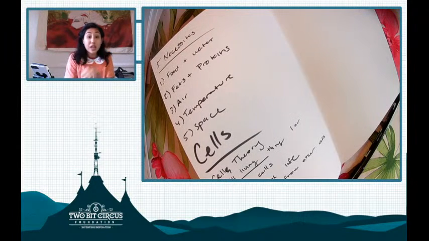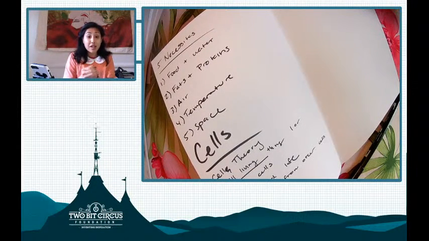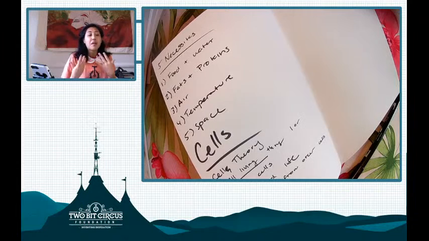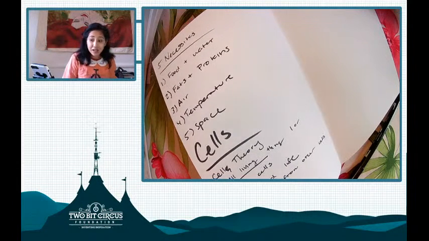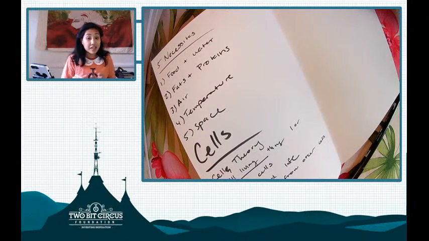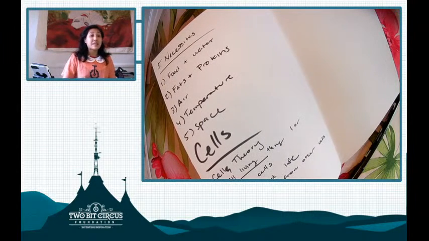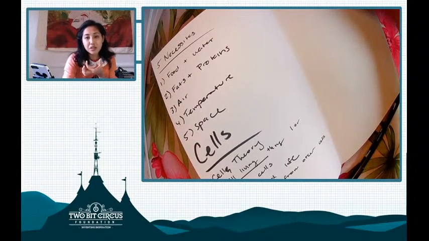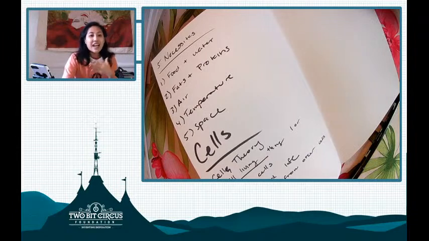So in a eukaryotic cell, the genetic material, or DNA, is inside of the nucleus, the center. However, a prokaryotic cell does not have a nucleus, so the genetic material instead is in that cytoplasm, that gelatin-like material on the inside of the cell, instead of a singular nucleus area.